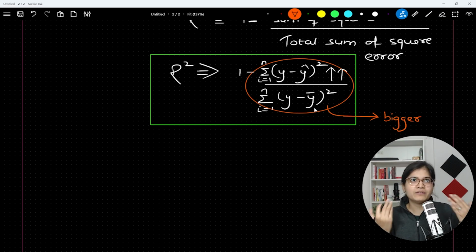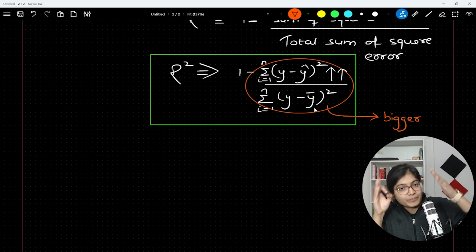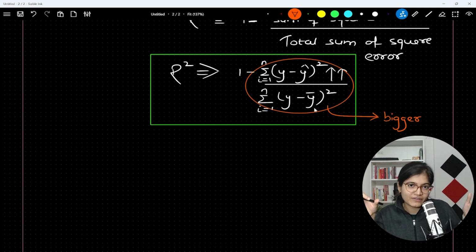For example, 13 by 1 is 13. So the division will give you a bigger quantity, and when you do 1 minus that bigger value, you will get a smaller r square.